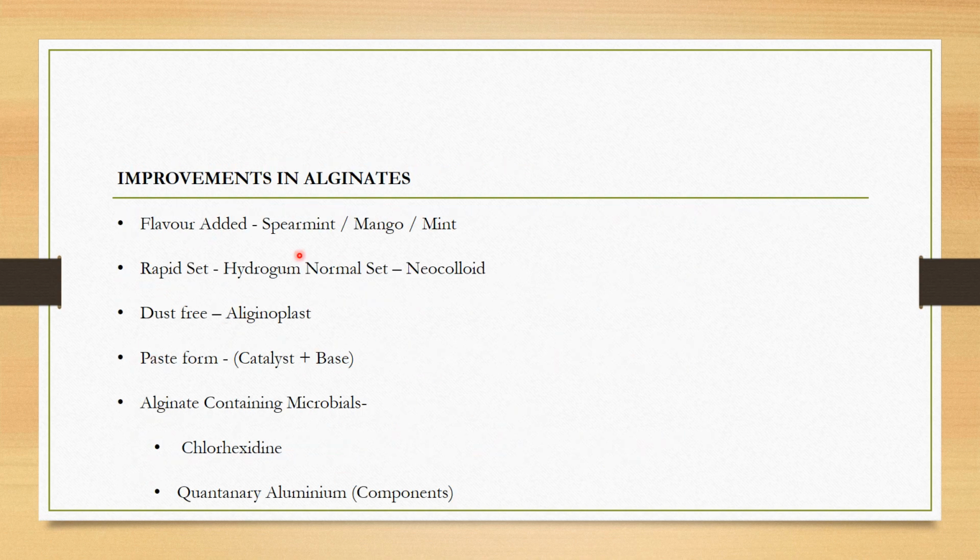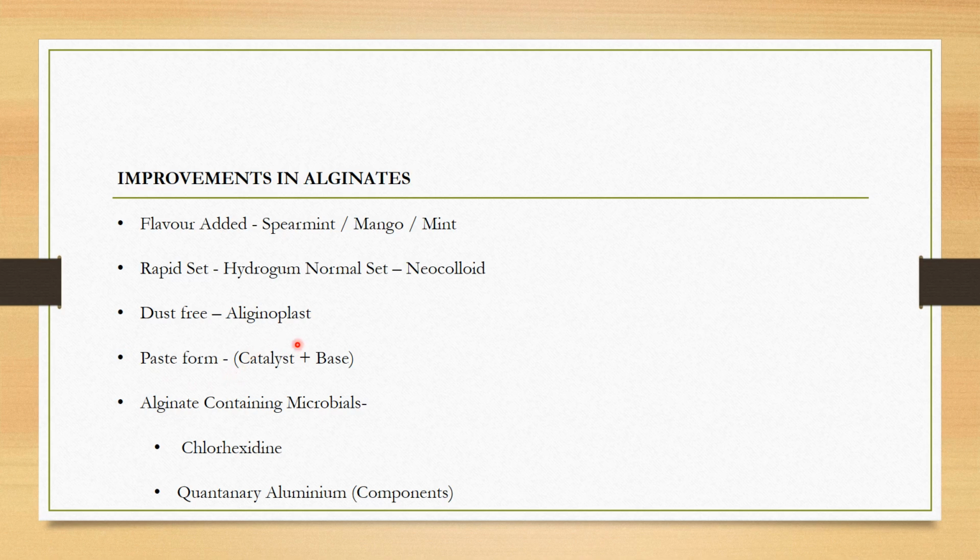The other improvements or advancements are improvements in alginates. You can see that there are different types of alginate which have been coming for a long time now. Flavors are added, like spearmint, mango, and mint. Rapid set are also there, and the neocolloids, which are dust free.